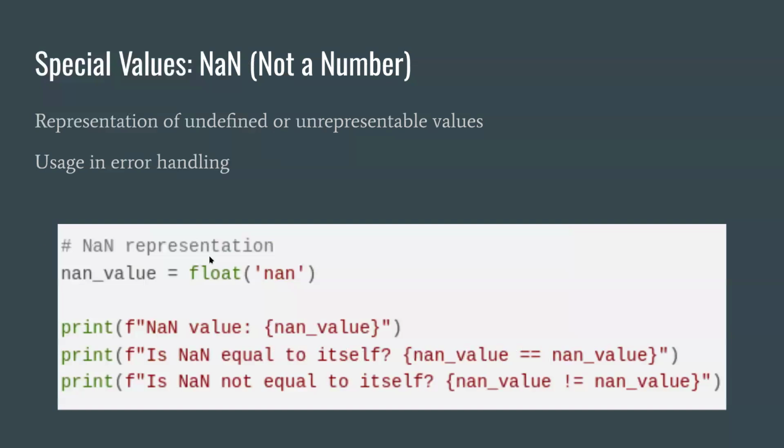And here, if you look at the example, it demonstrates the representation and behavior of NaN in Python. So it shows that NaN is not equal to itself, which is a unique property used to indicate undefined or unrepresentable values.